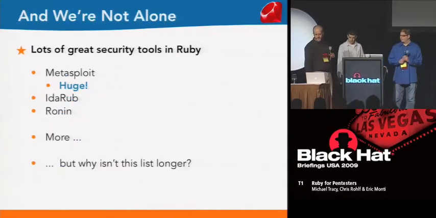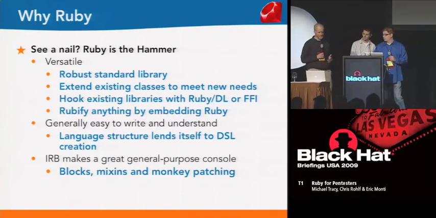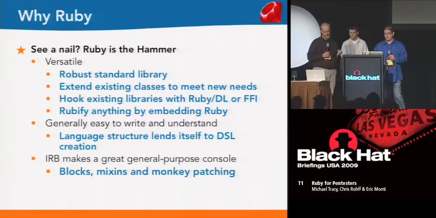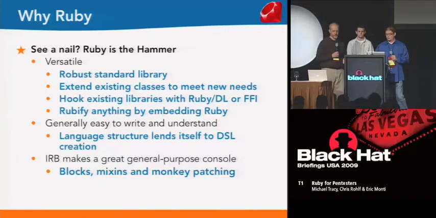Let me just go back for a second. When I'm talking about what lends Ruby well to this dynamic tool set, it's extensible and flexible. The object-oriented model allows you to create and modify classes without having to rewrite your code. You can do it on the fly with new projects.